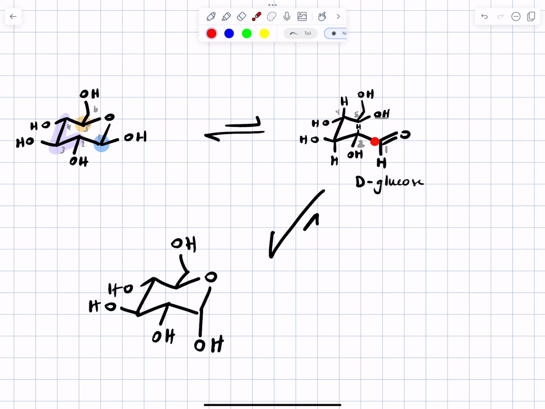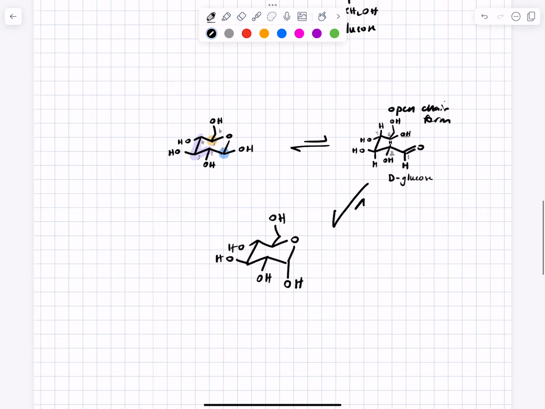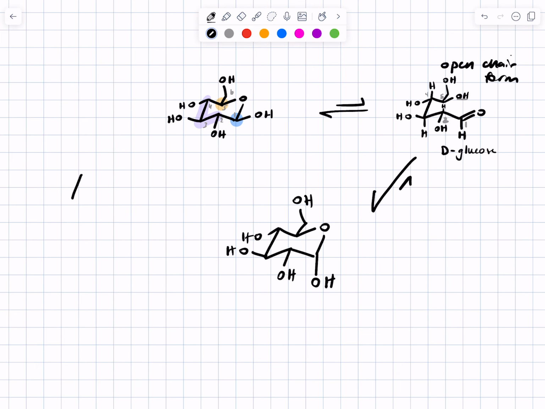However, if we had rotated around this bond so that the oxygen and the aldehyde were here and the hydrogen were here, we'd get the alpha anomer. So that's one way that alpha and beta anomers can interconvert, is through the open chain form. But there's another way they can interconvert. There's another pathway, and that's through an oxonium ion that looks like this.